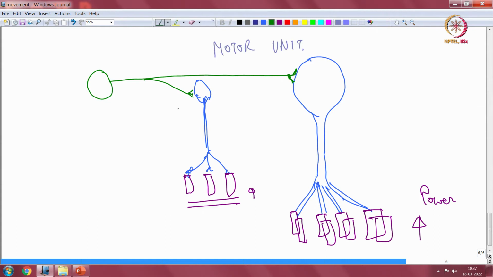So, it generates EPSPs over here, EPSPs over here. Since this neuron is smaller in size, the EPSP results in an action potential which is faster. So, a smaller amount of current generates an EPSP and that in turn recruits this motor unit. So, this whole thing from here to here is a motor unit.